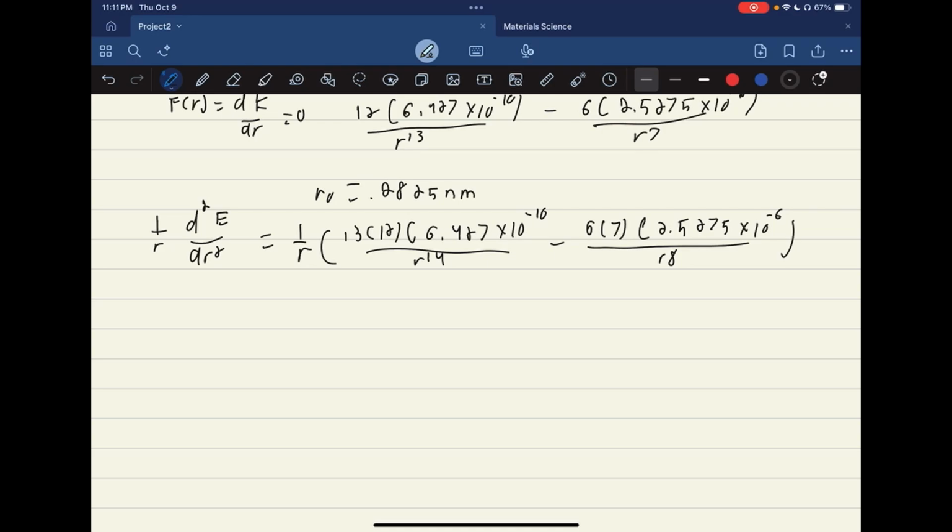And when you plug r naught in of the 0.2825 nanometers, you get the Young's modulus of 2.24 electron volts per nanometer cubed, sorry. And then when you do the same conversion, where you multiply it by 1.6 times 10 to the negative 19th over 10 to the negative 9th cubed, you get 1.27 gigapascals.